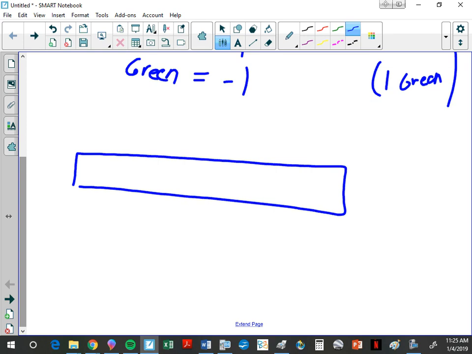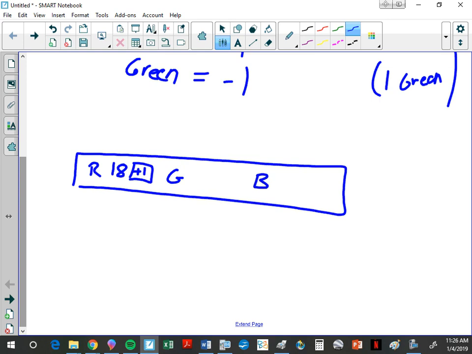In the box model, there are red tickets and green tickets and black tickets. If the ball lands on red, what is the end result? You win $1. So how many red $1 tickets are we going to put in our box? We are going to have 18 tickets that all say plus 1.